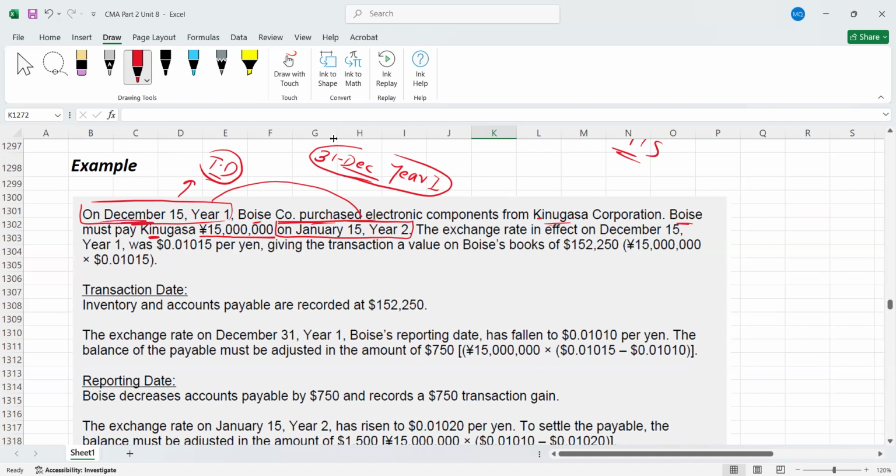I'm assuming here, for example, at the date of transaction, when you initiated the transaction, the transaction is obviously in yen. I'm assuming you are a US based company importing goods from Japan and you have to make a payment of 15 million yen. This is the date when you entered into the transaction. At this date, the rate is given in the question.